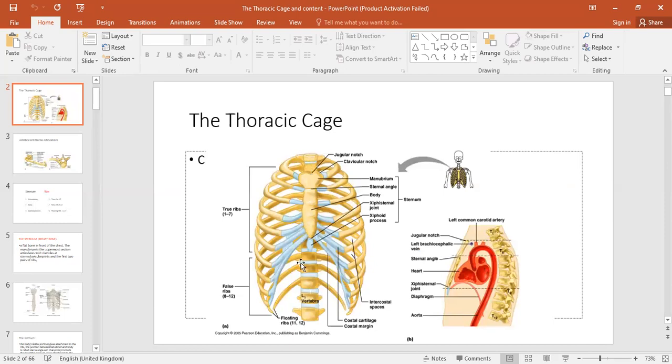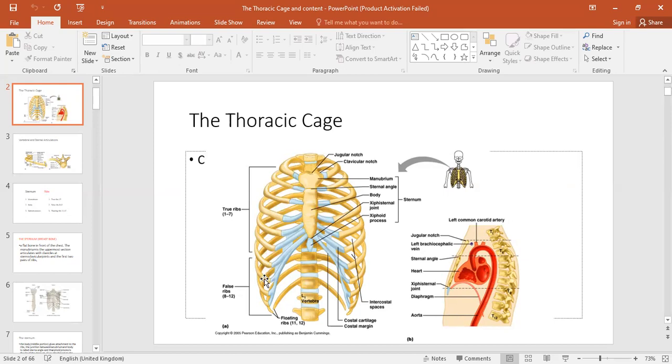So we see that from rib 1, this is rib 1, this is rib 2, 3, 4, 5, 6, 7. These ribs are attached direct to the sternum. So we call those true ribs. So rib 1 up to rib 7 here, these are true ribs.